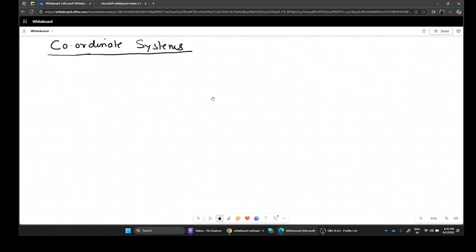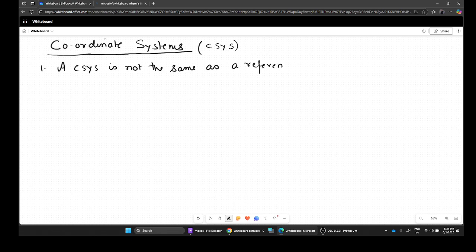What is a coordinate system? I will use this acronym CSYS. This is the first clarifying statement I want to make, that a coordinate system is not the same as a reference frame.